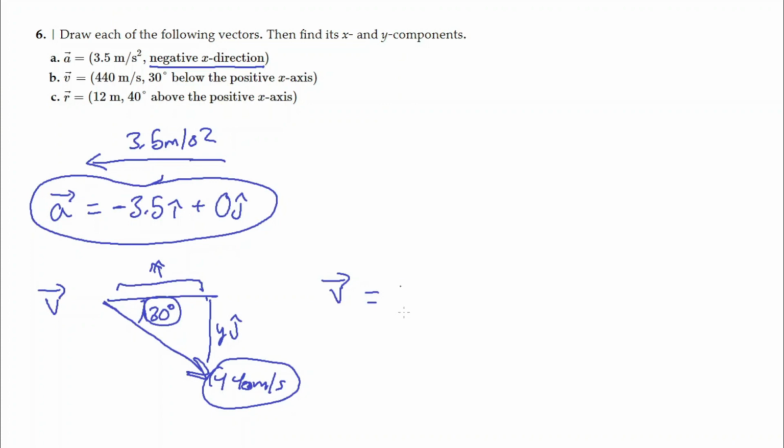So we could write cosine 30 is equal to x over 440. And now our x component is going to be equal to 440 cosine 30, and we're going to simplify soon. And that's going to be i, showing that that's our x component.